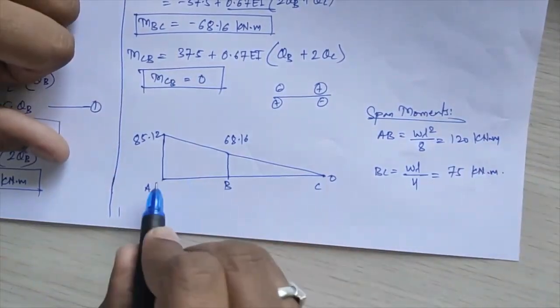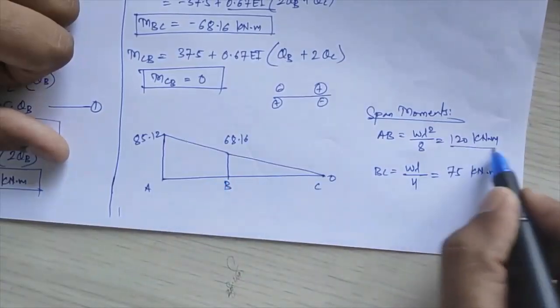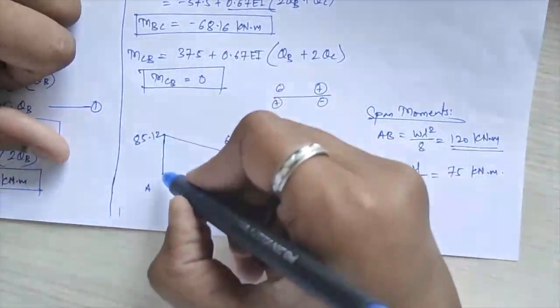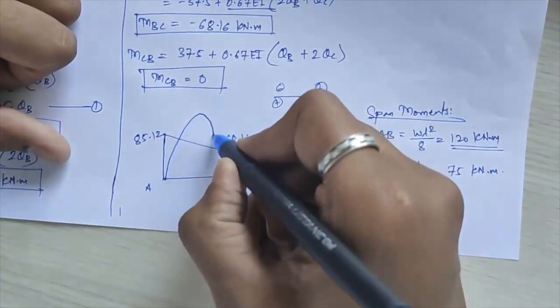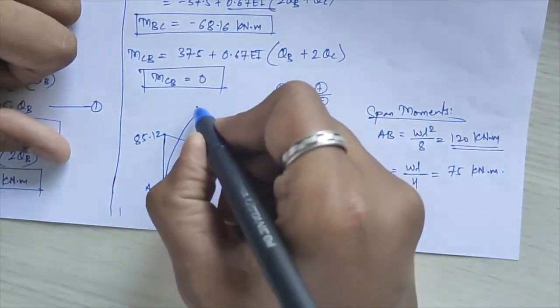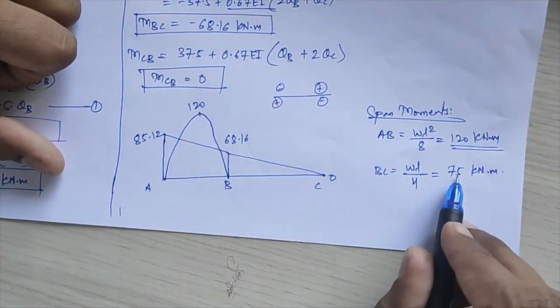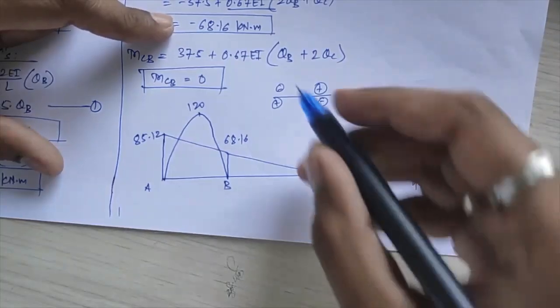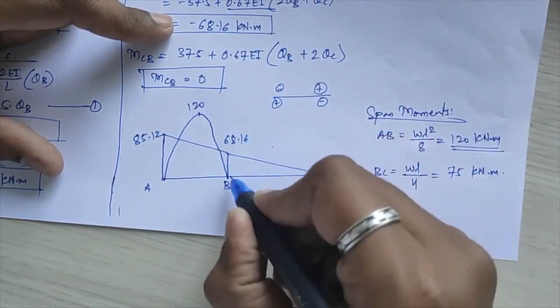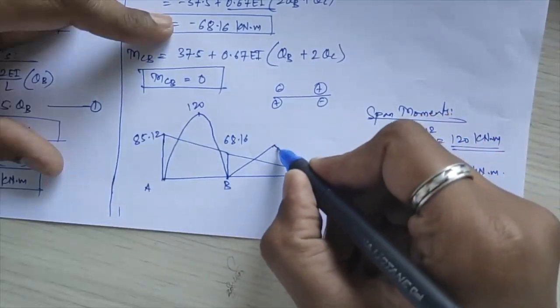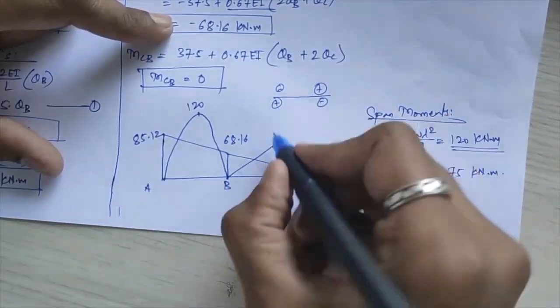Okay. So in portion AB, UDL is given, that is of 120, so that will follow a parabolic path. This is your 120. And in portion BC, a point load is provided, of 75, where you get the maximum span moment. So 75 will follow a triangular path, maximum at the center.